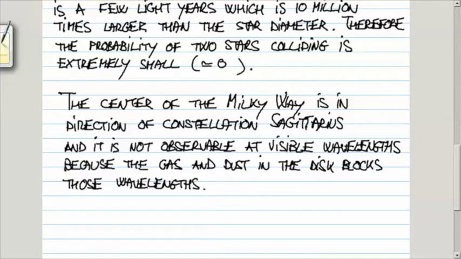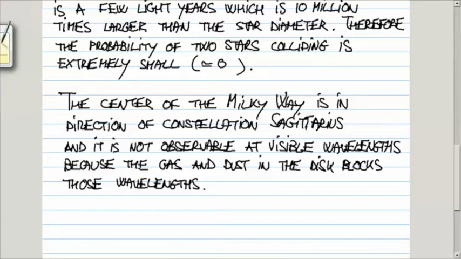However, the center of our galaxy is observable at radio wavelengths and at X-ray wavelengths. And the reason is that the radio waves, because of their long wavelengths, can bypass the obstacles in the interstellar material, gas and dust, and reach us here on Earth. Also, X-rays are being produced, and there is a very strong source of X-rays, as we'll see a bit later.